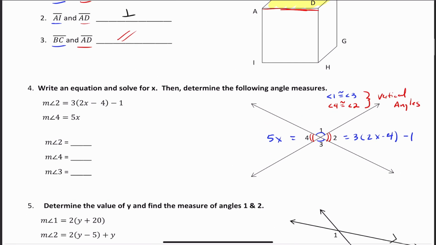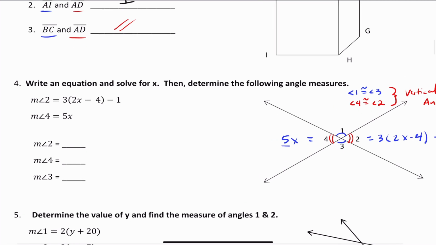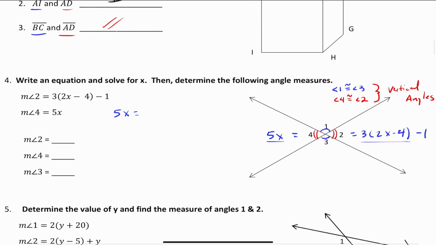Because I know that angle 4 and angle 2 are congruent because of vertical angles, I just have to set them equal to each other. So I do 5x is equal to 3 times the quantity 2x minus 4, minus 1. Then I'm going to use the distributive property.